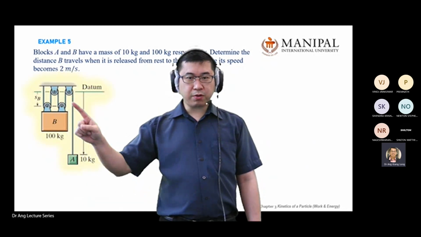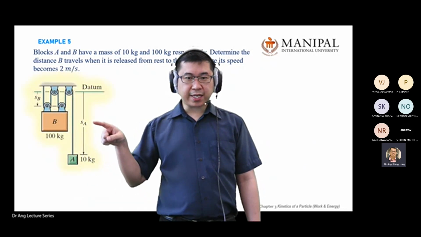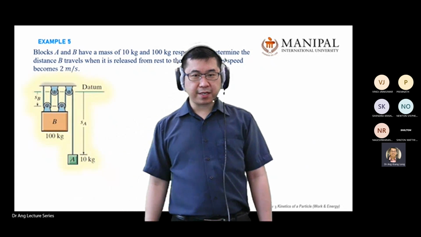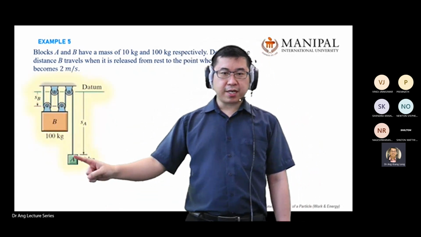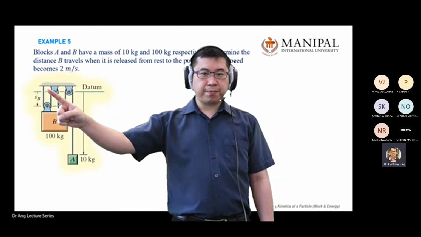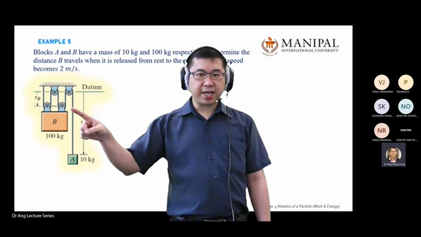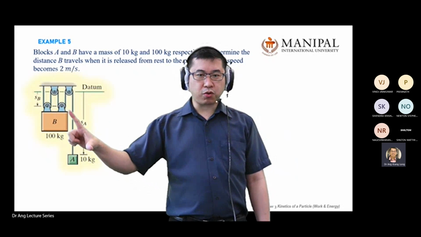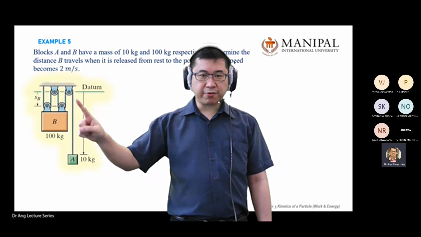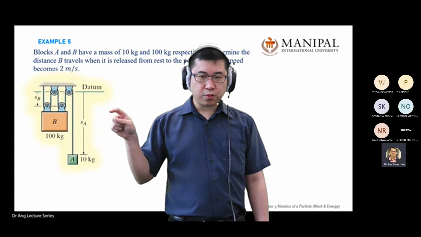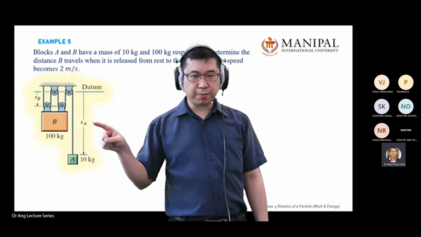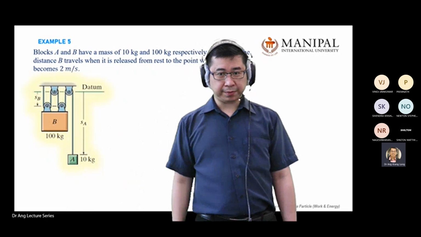So how do you link your SA and SB in the pulley question? You use the rope, the length of the rope, to solve the relationship between SA and SB.